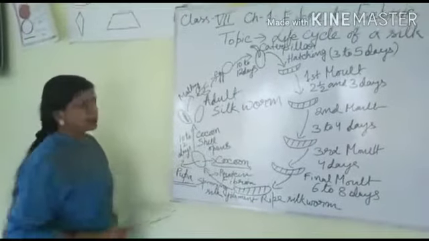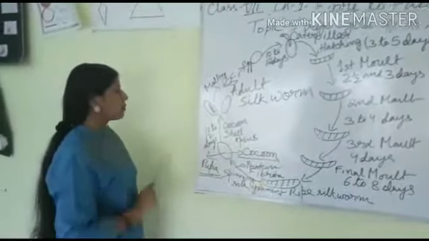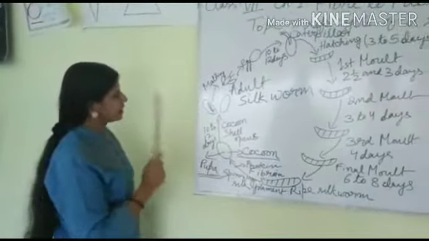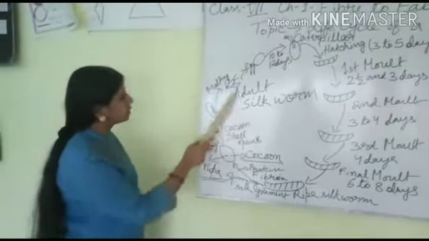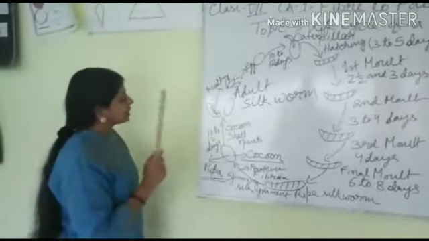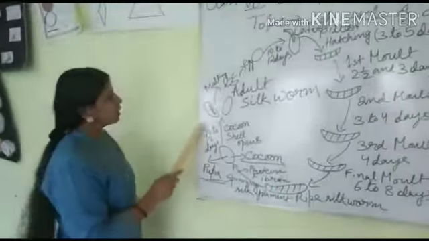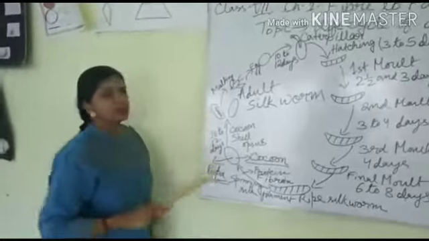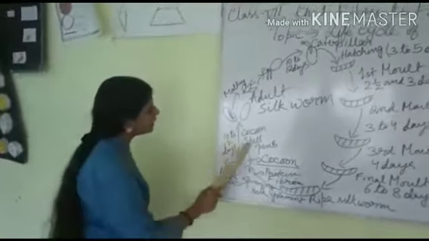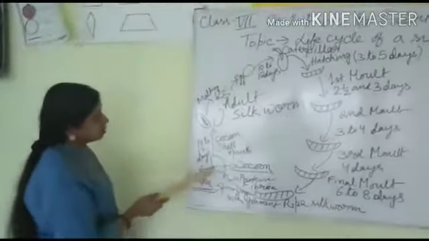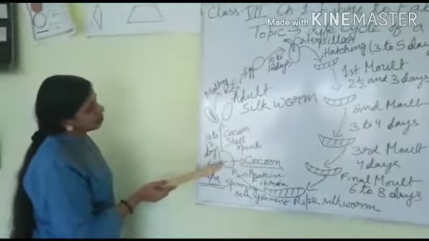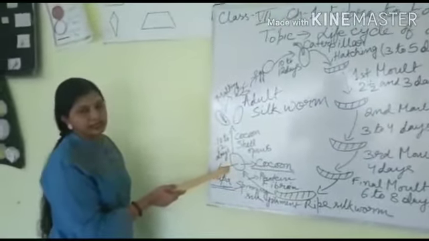The cocoon breaks up. Due to the breaking up of the cocoon, the length of the silk thread we get from the broken cocoon will be decreased. That means we are not going to get high quality silk fiber. To get high quality silk fiber, we have to stop the cycle at this stage.